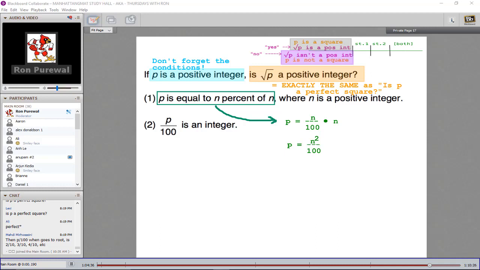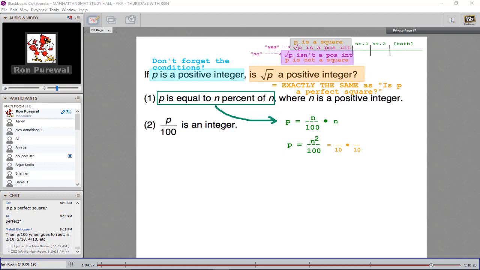Okay, so P is n% of n. Well, this is a square of something, because this is n over 10 times n over 10. But the question is, is that actually a perfect square of an integer or not?